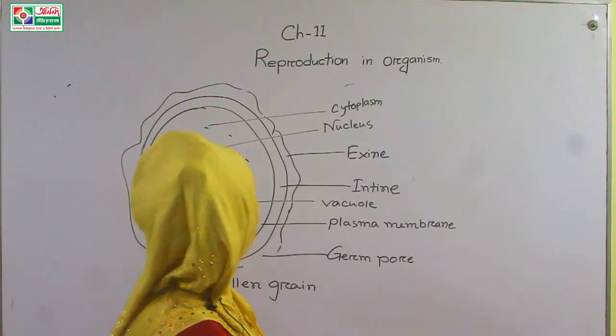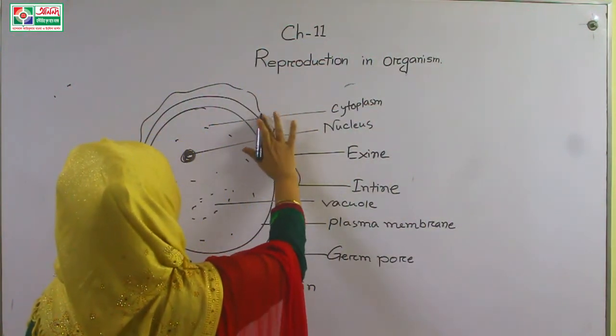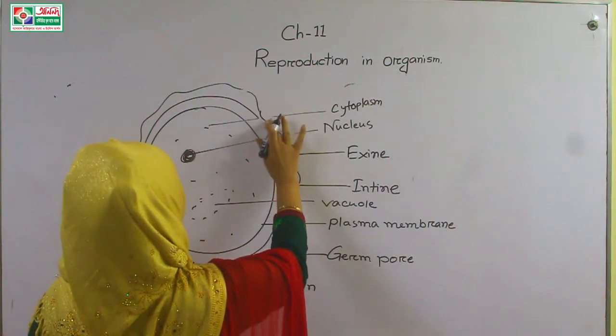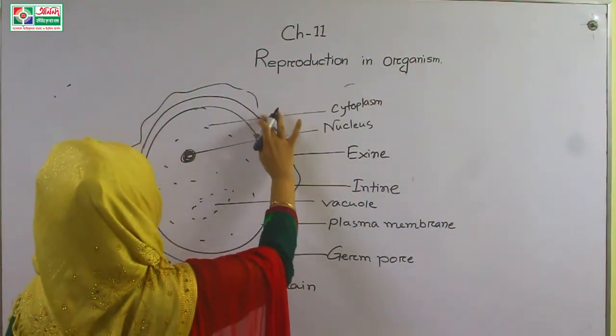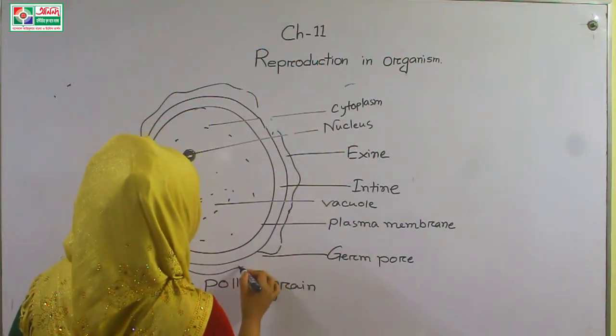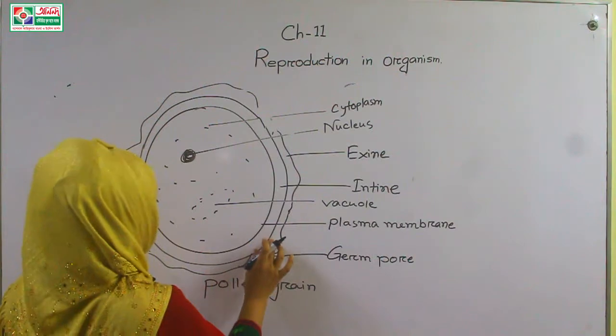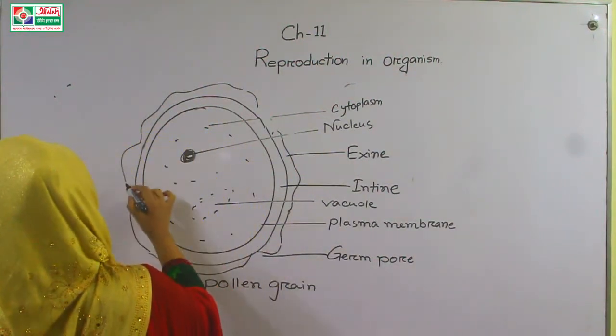In dicots, you will find 3 germ pores. That means at that place there is no exine, only intine and plasma membrane. Absence of exine.